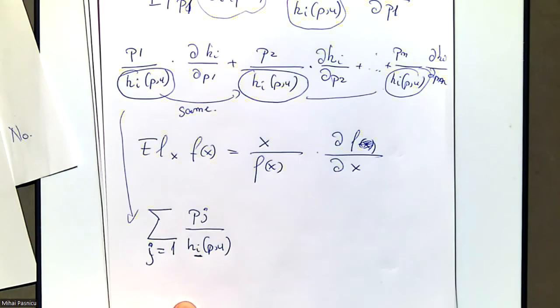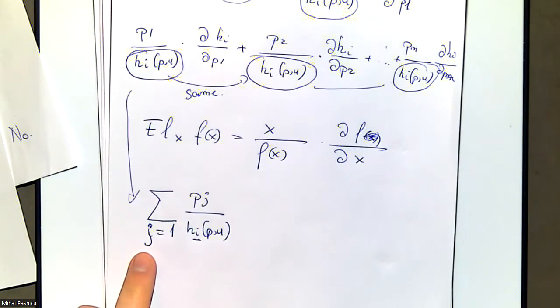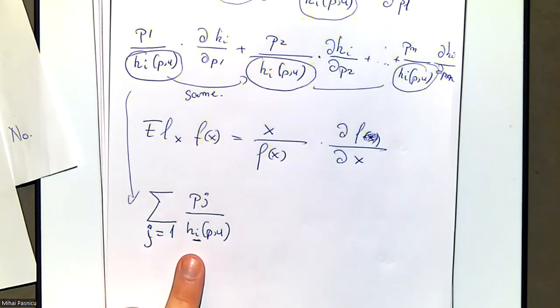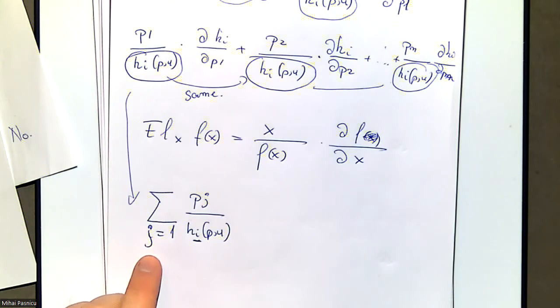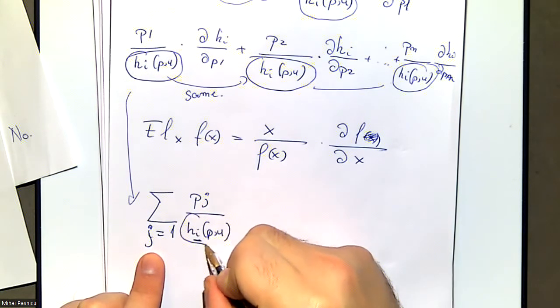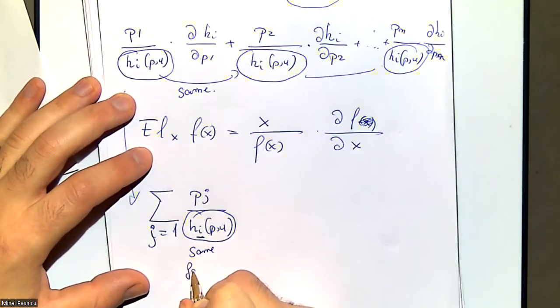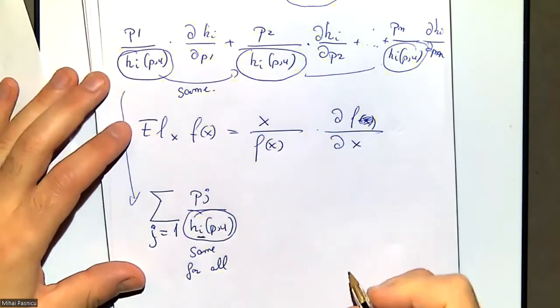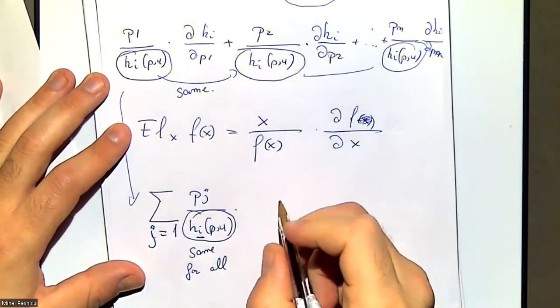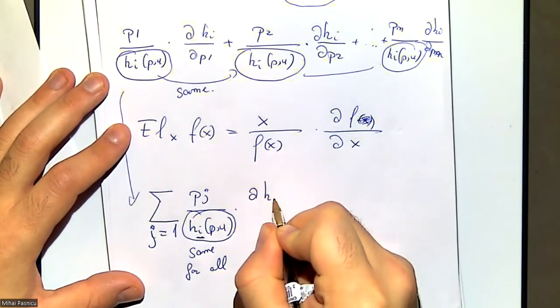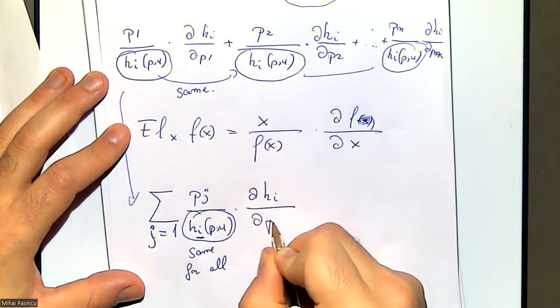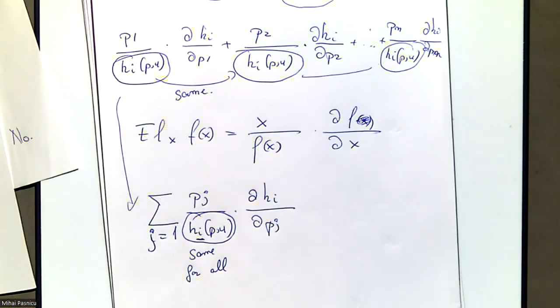If I put i here, it would mean that this h_i would be different for every value of i. I chose j to emphasize that this is the same for all. That's the key. If you see that this is the same for all, then there's nothing happening. And this is my sum right now.